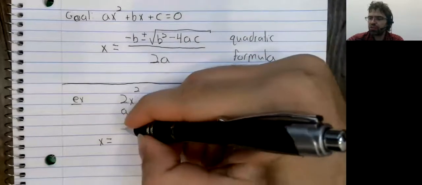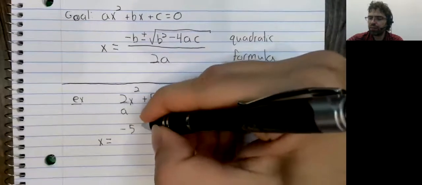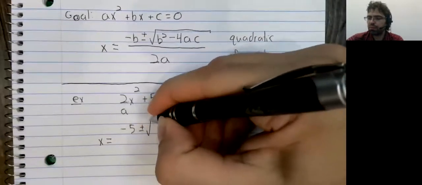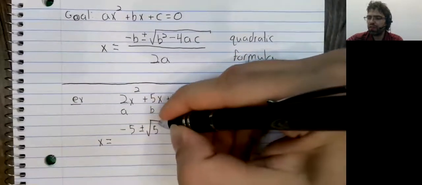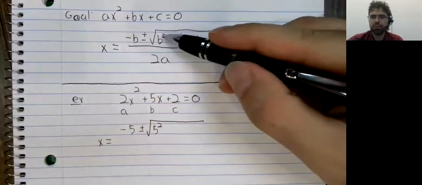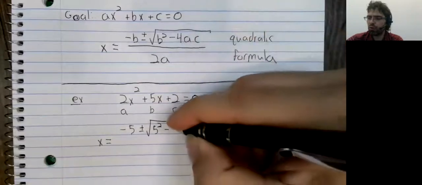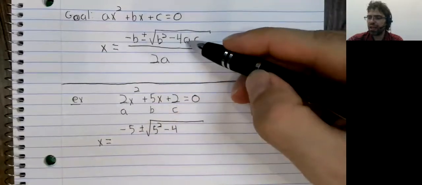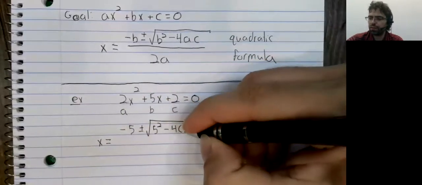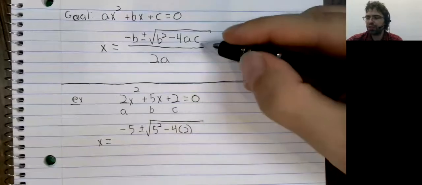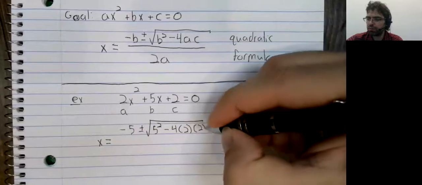x equals negative b, b is 5, so negative 5, plus or minus the square root of 5 squared, b squared, minus 4 times a. a is 2 here, times c. c is also 2.